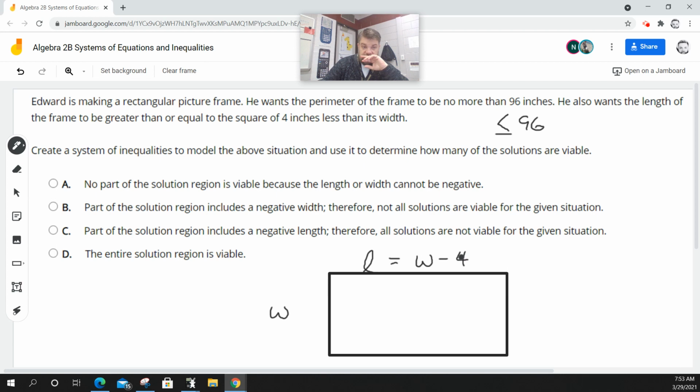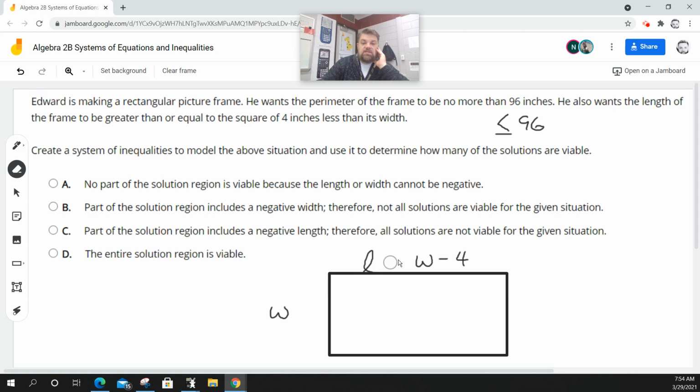Okay. Create a system of inequalities. He also wants the length of this to be greater than or equal to the square of 4 inches less than its width. Let me reread this. He says he also wants the length of the frame to be greater than or equal to. Okay, so we need to do this.